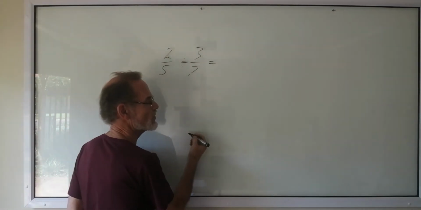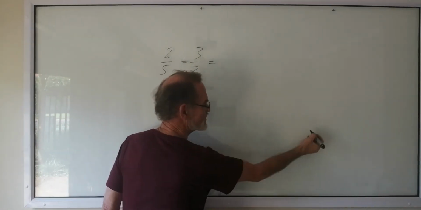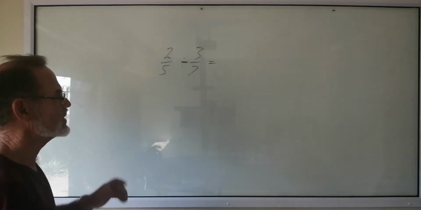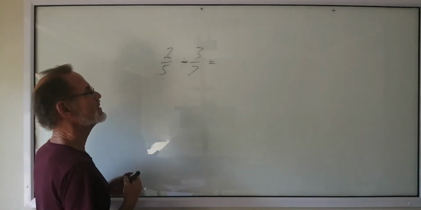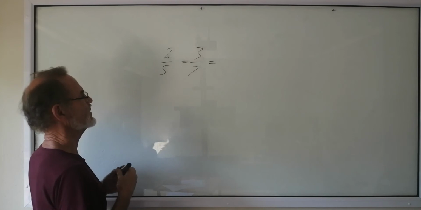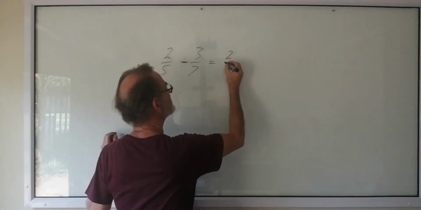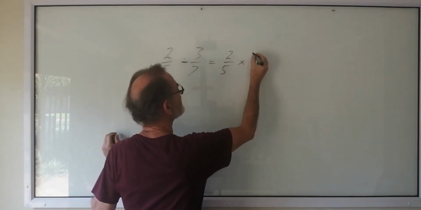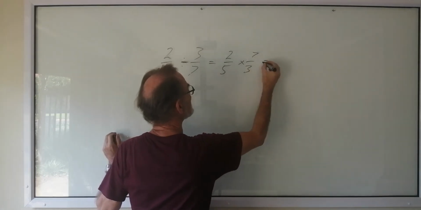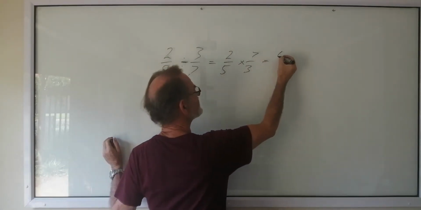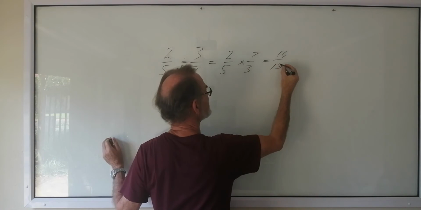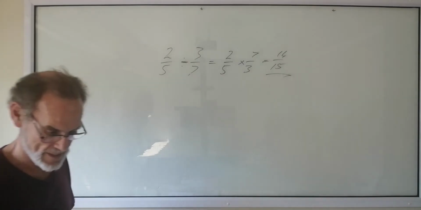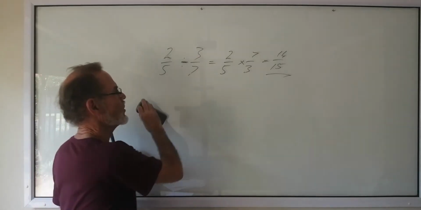Even if you've got a long row of times and divides, only the one just after the divide sign is the one you turn upside down. So this is 2 over 5 multiplied by 7 over 3. Easy. 7 times 2 is 14 over 15. There's your answer.